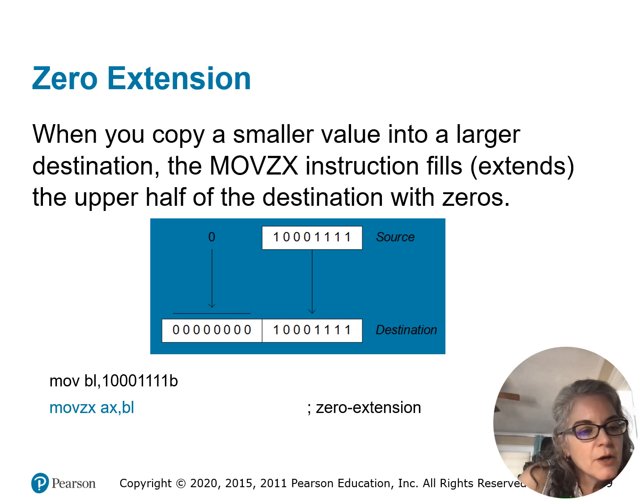So here we're moving this binary number into BL. BL is 8 bits. And then here we're moving 8 bits into 16 bits. So we're moving it to these 16 bits, and all of this right here, these bits get padded to 0, or filled in with 0.